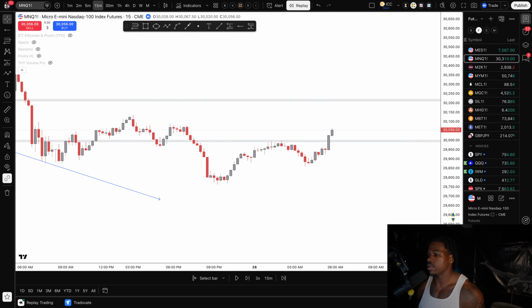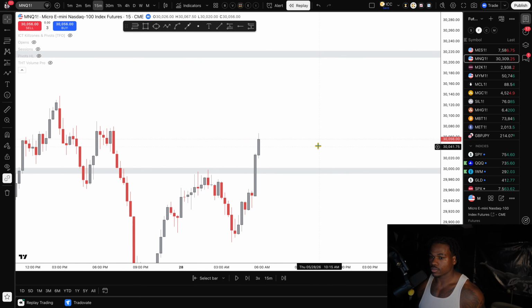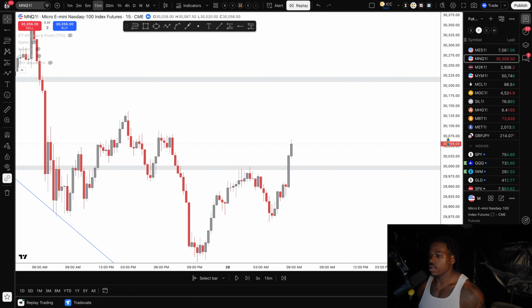My entry time frame is the 15-minute chart. You feel me? That 15-minute chart. I need that 15-minute to also turn back bullish before I take my entry, which is what we got here. It was bearish coming down, but now we made a high, made a low, broke out and made a higher high.